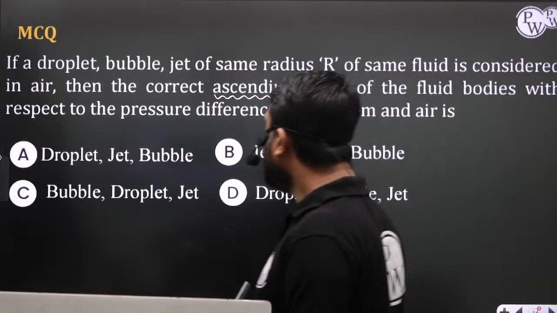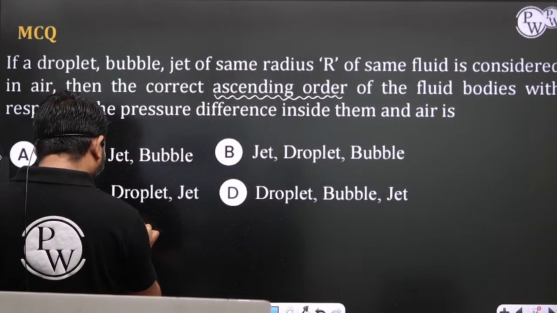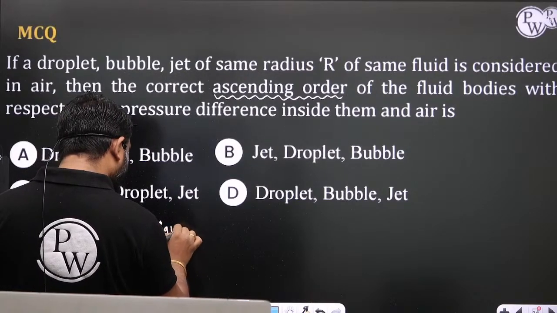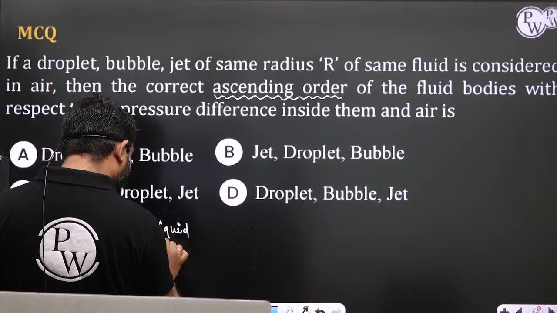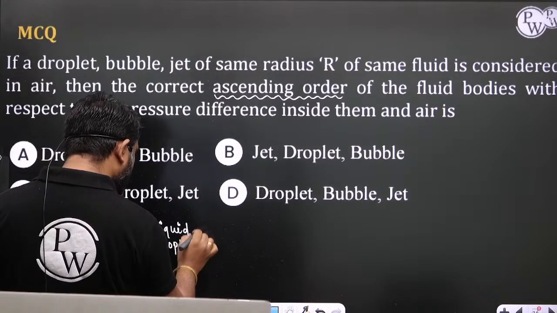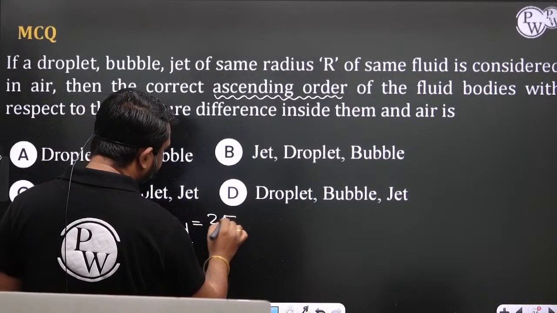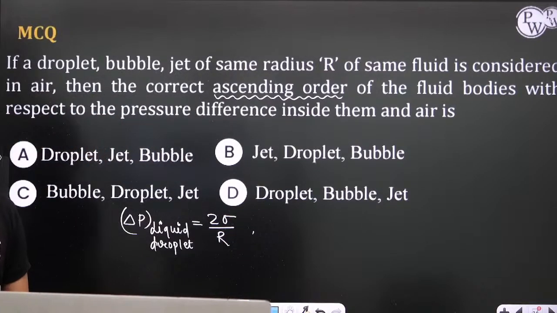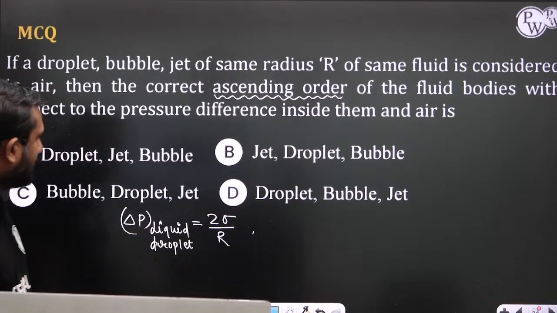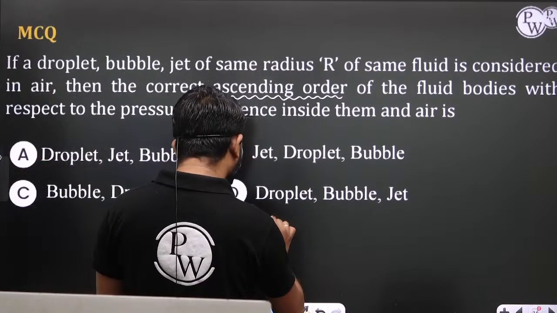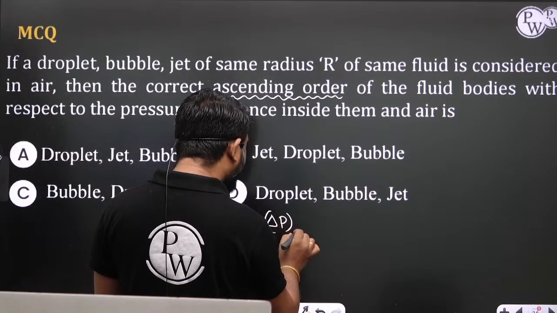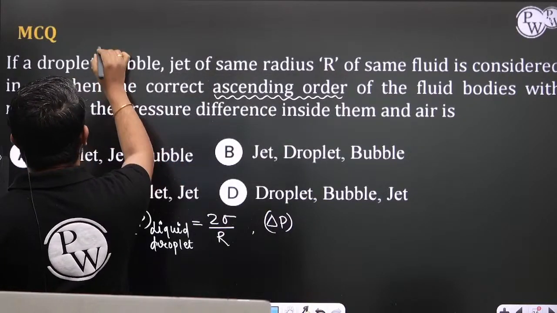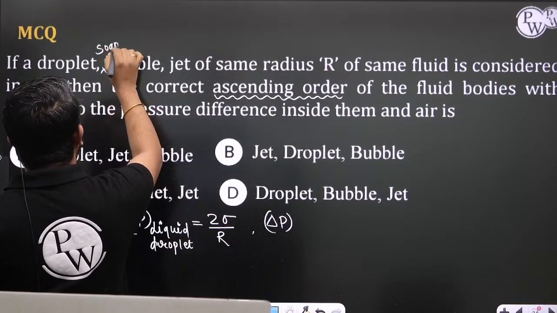So beta, we already know the pressure difference ΔP in case of a liquid droplet is 2σ/R. In case of a soap bubble, this bubble is nothing but the soap bubble, it is 4σ/R.